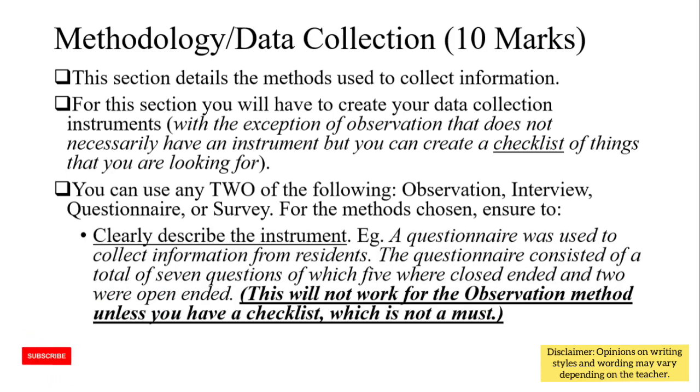For example, a questionnaire was used to collect information from residents. The questionnaire consisted of a total of 7 questions, of which 5 were closed-ended and 2 were open-ended, right? This will not work for the observation method unless you have a checklist, which is not a must. So you're going to describe the instrument here.